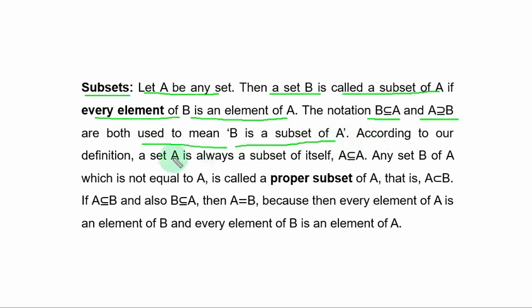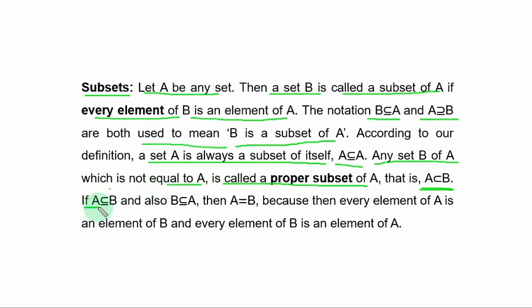According to our definition, a set A is always a subset of itself. That is true. All the elements of set A, they are also in set A. So A is a subset of itself. Any subset B of A which is not equal to A is called a proper subset of A. That is this notation.